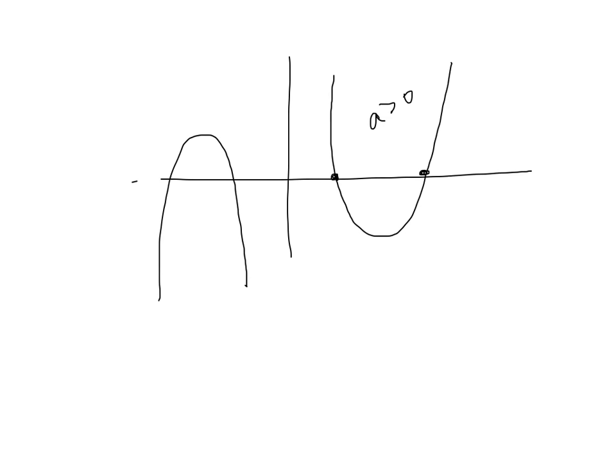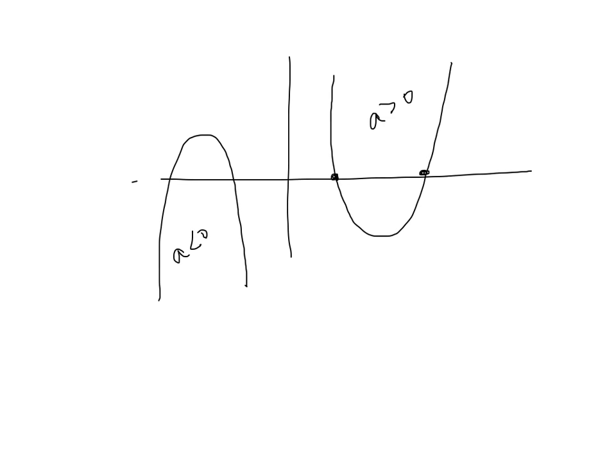The last possibility is when your quadratic opens upward and a is greater than 0, you have two x-intercepts like this. So this is a greater than 0. Or you can have a quadratic that opens downward, meaning a is less than 0.